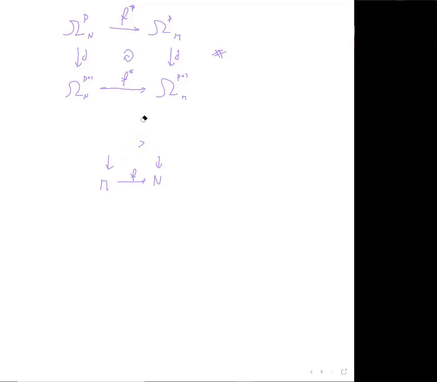I'm sure there is some category in which this is a pullback in the categorical sense. But it just makes sense to ask this question. It's the same word. I think it's a universal property, but I'm not sure if this pullback satisfies some universal property.